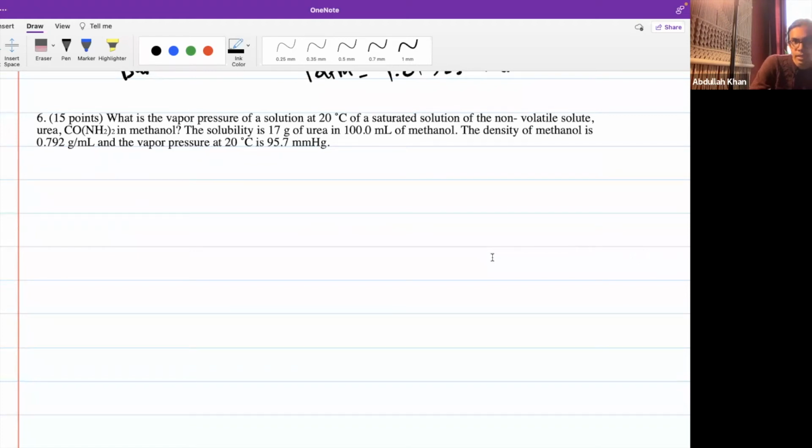The solubility is 17 grams of urea in 100 milliliters of methanol. Density of methanol is given, and the vapor pressure at 20 is 95.7. Okay.